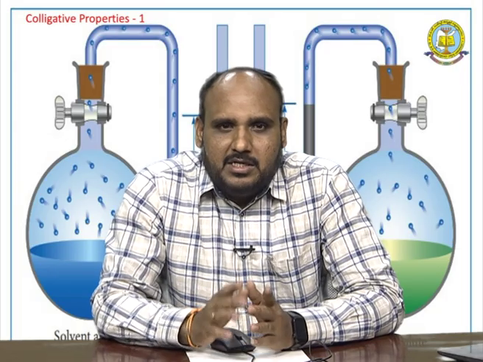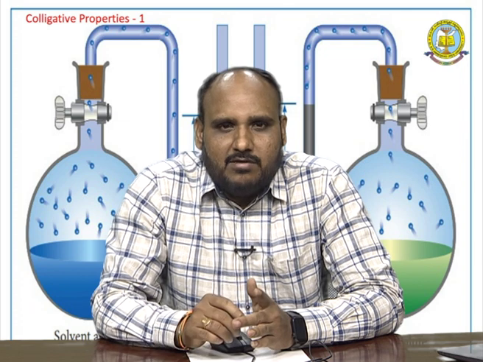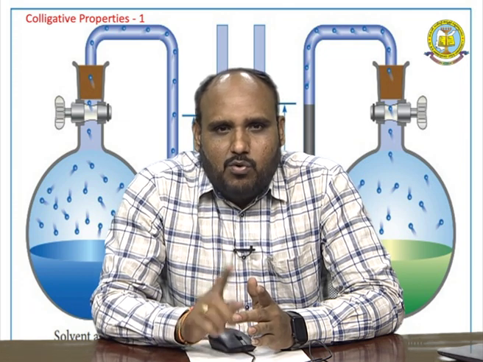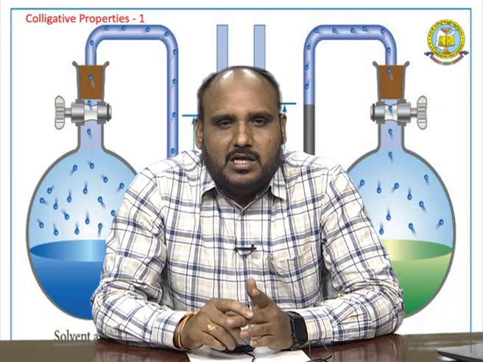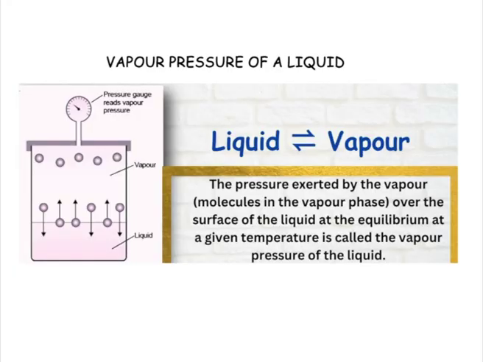They are independent of the nature of the solute, but dependent on the nature of the solvent and on the number of moles of solute dissolved in a particular amount of solvent to form a solution.